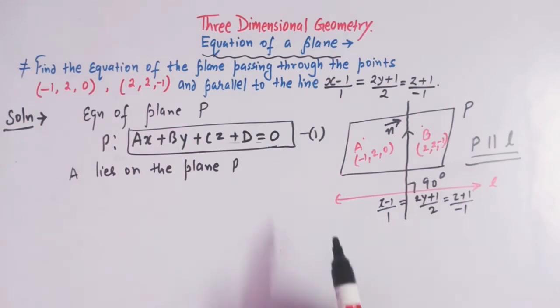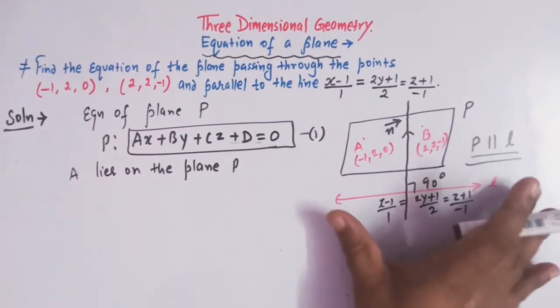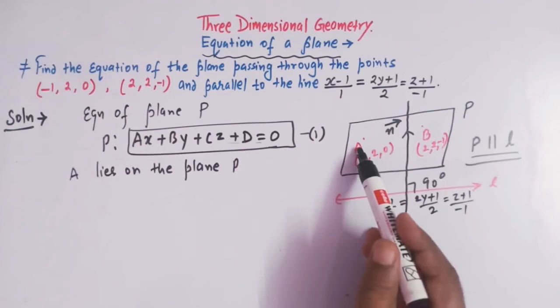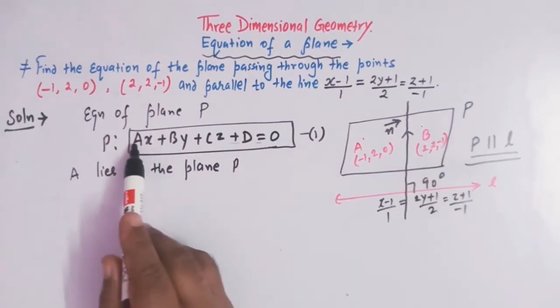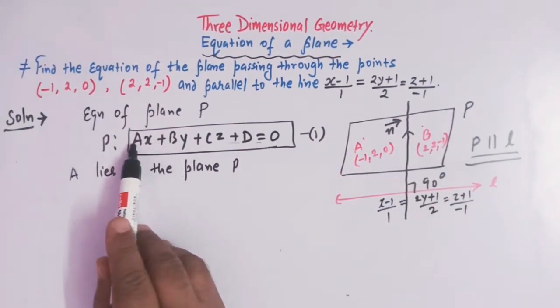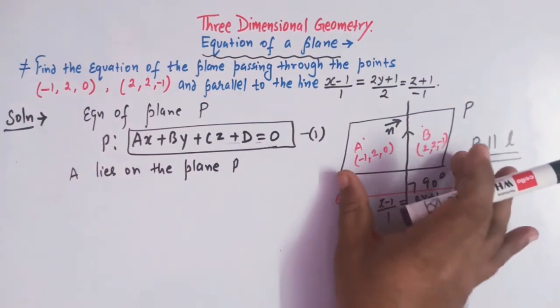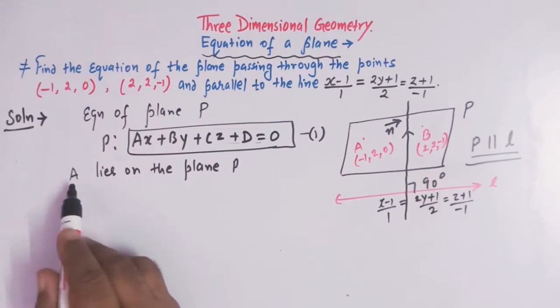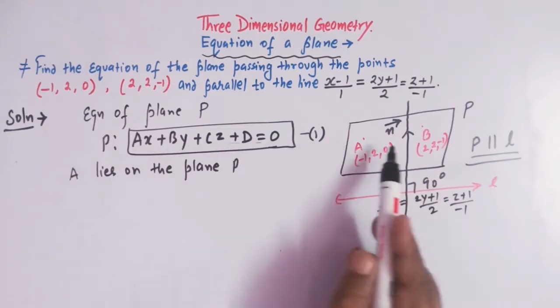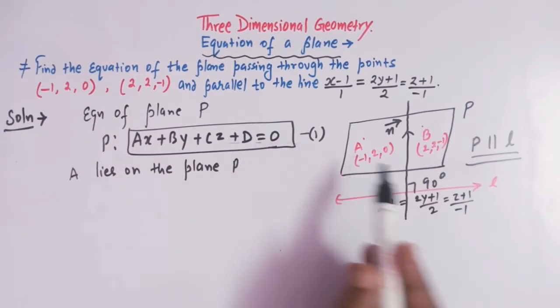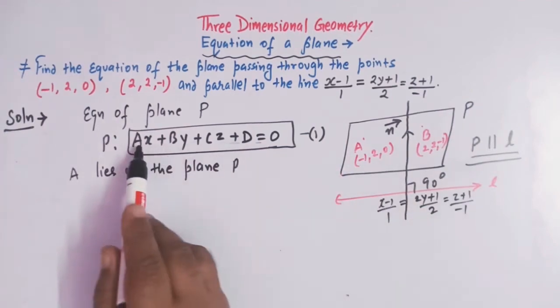So here we must keep one thing in mind, that this A and this B are different from this quantity A and B, right? So here A and B just represent the points, right? So this point A lies on this plane P. So this point must satisfy this equation.